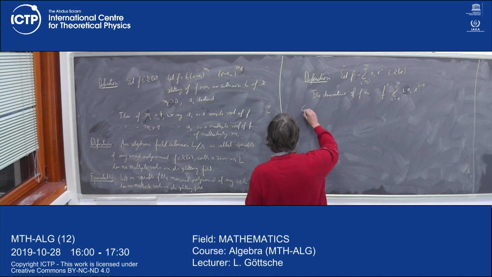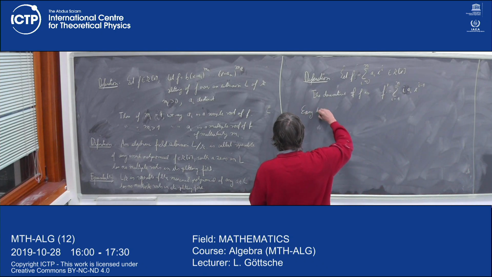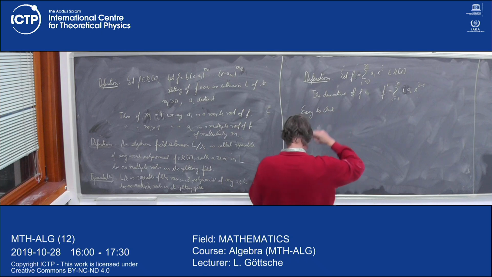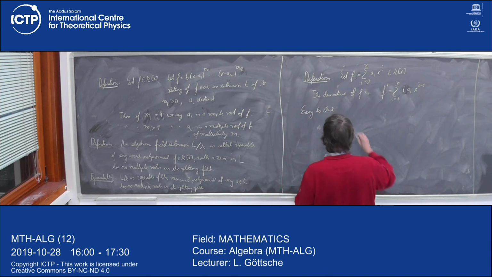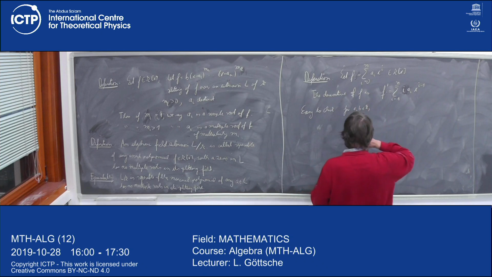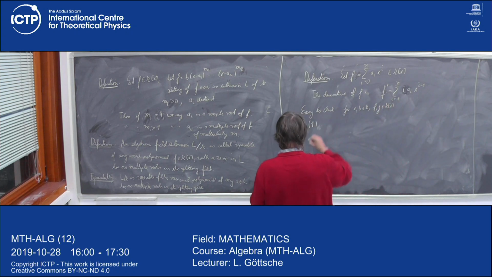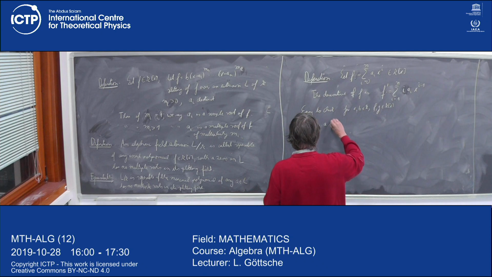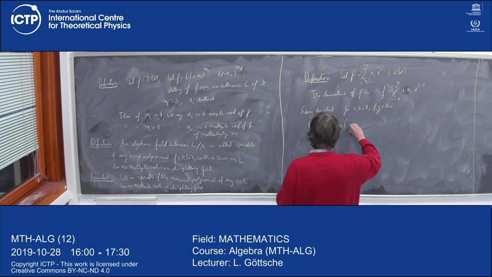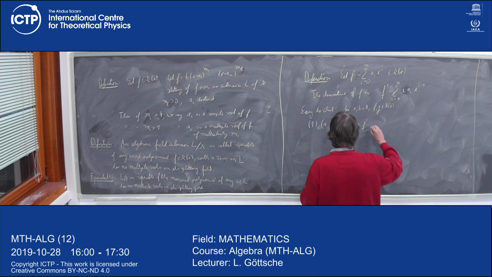So for a, b in K and f, g in K[x], first, the derivative of af plus bg is a times the derivative of f plus b times the derivative of g.